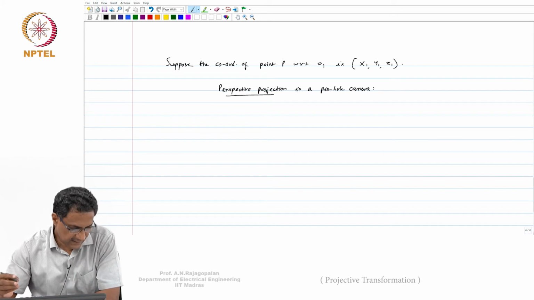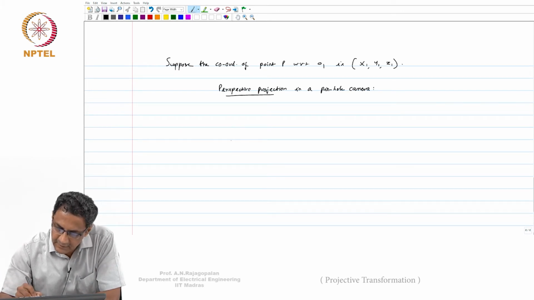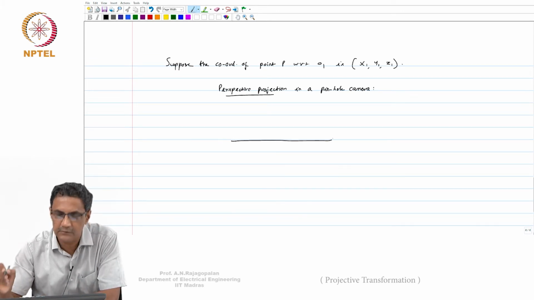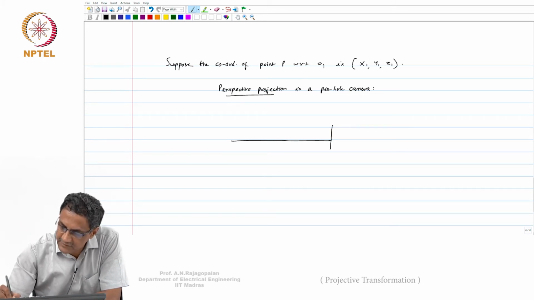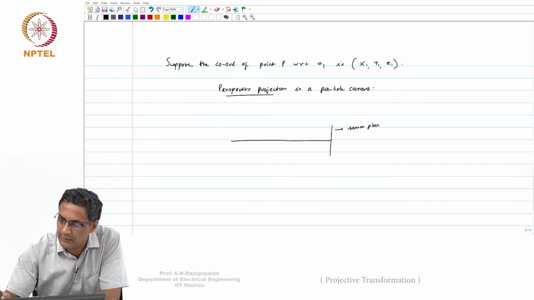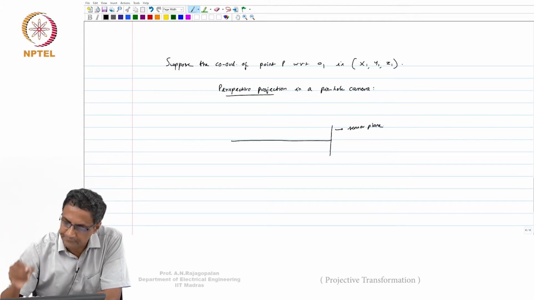Suppose this is the optical axis of the camera. Assume that our sensor plane is sitting somewhere here. This is the camera sensor plane, where the image will get formed.